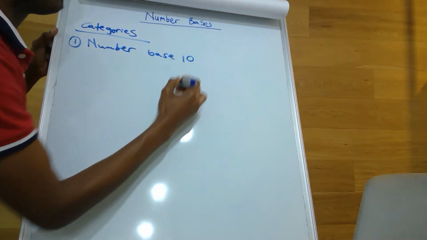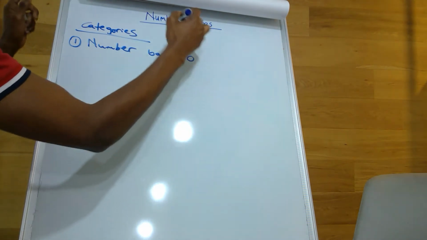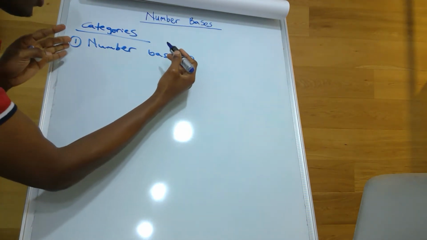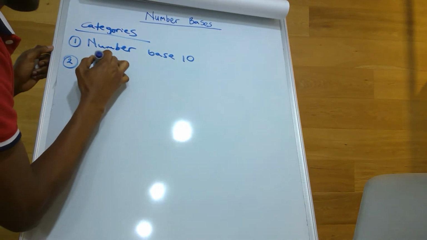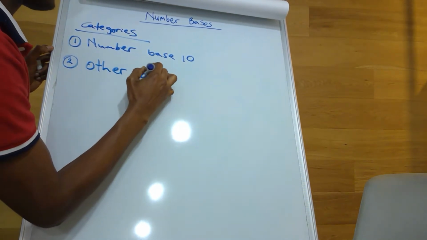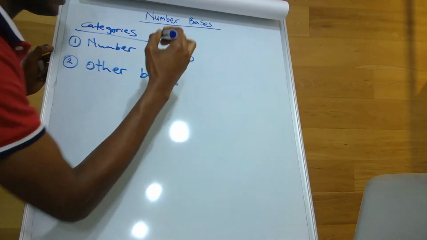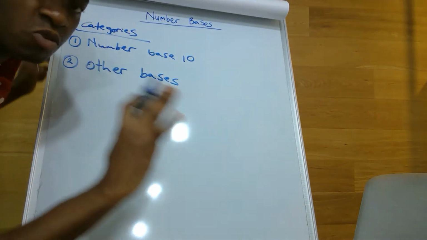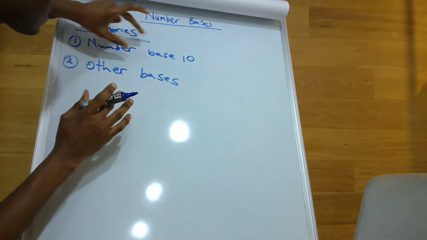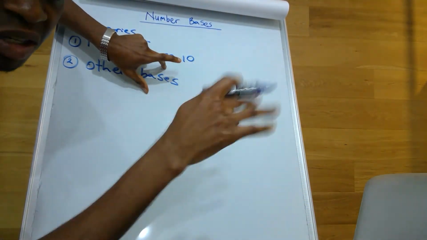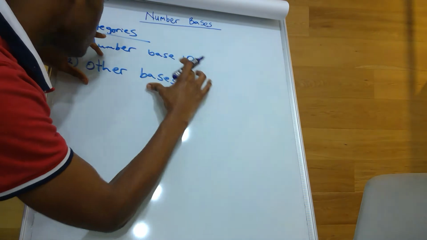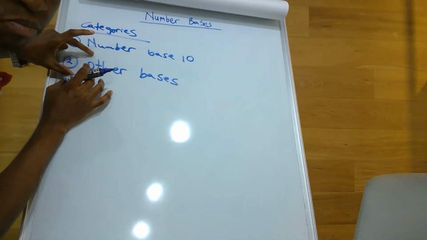This is the first one under categories of number bases, and then the other one is other bases. We have just two categories: base 10 and the other bases, base 2, base 3, base 4, base 5, base 6, base 7. They are under the same category.